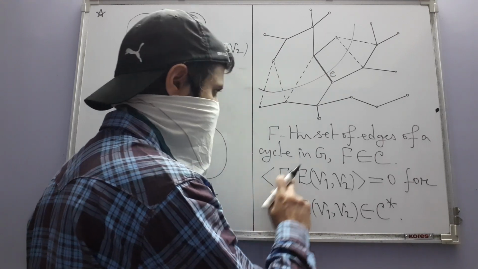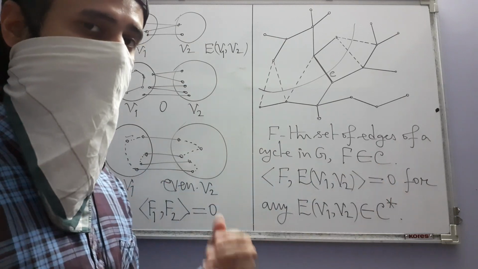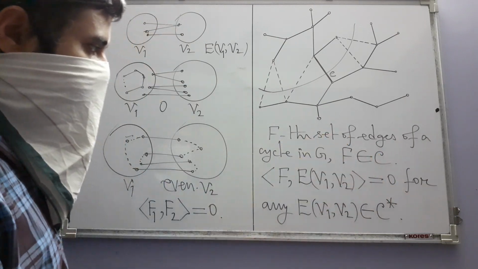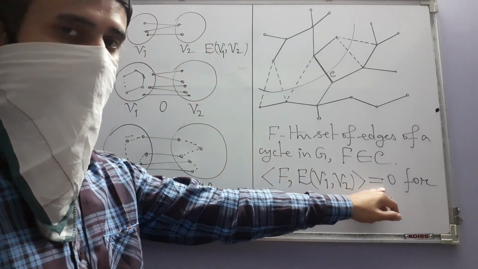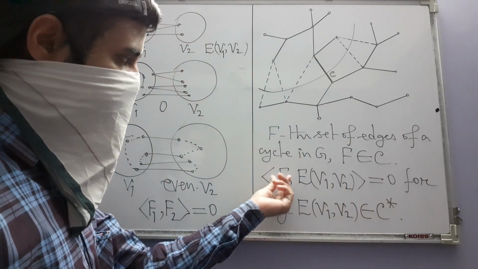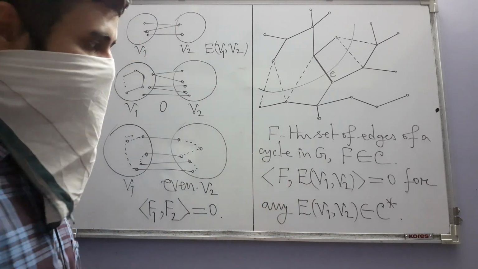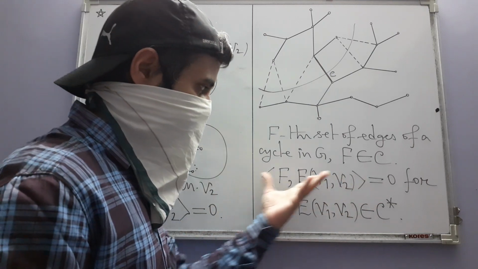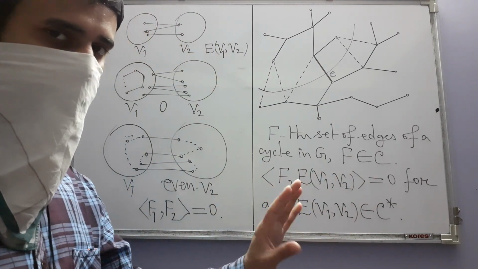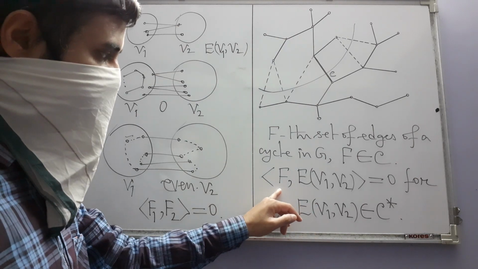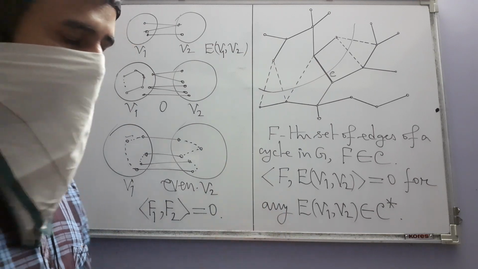But the cycles in C are really not all the vectors in C, but rather they span C. But if this kind of inner products have 0 value, then definitely if in place of F you consider a linear combination of cycles, then that corresponding inner product will also have 0 value, following the properties of inner product, that this function, although it is not an inner product, also follows.